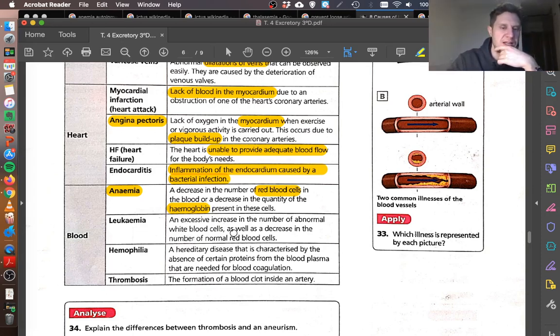Leukemia, an excessive increase of number of abnormal blood cells. So when you have these abnormal white blood cells is because you have a cancer. These white blood cells are not working at all. Yes, malfunctional.